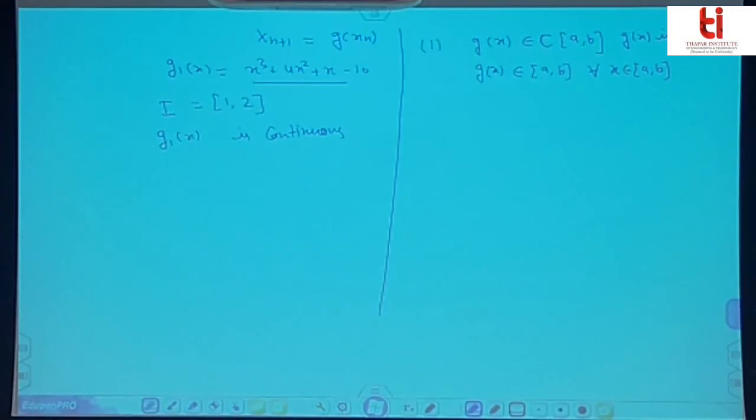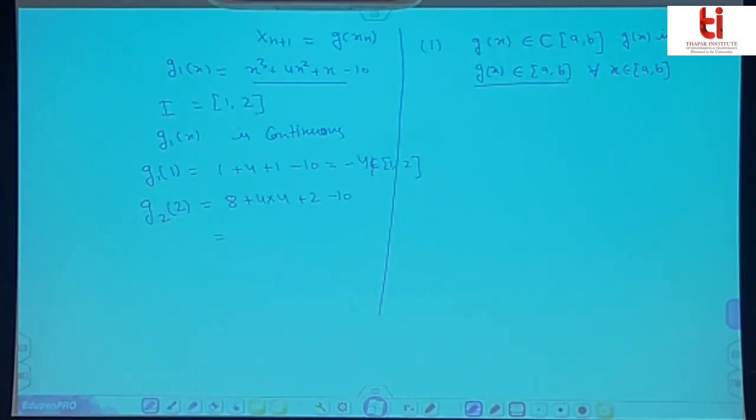Okay. The second thing is whether g(x) belongs to [a, b] or not for all x belonging to [a, b]. So the interval is 1 to 2. Let us check the endpoints of the function. g1(1) is 1 plus 4 plus 1 minus 10. It is coming out to be minus 4. This doesn't lie inside the interval 1 to 2. And check another point. g1(2) is 8 plus 4 into 4 plus 2 minus 10.